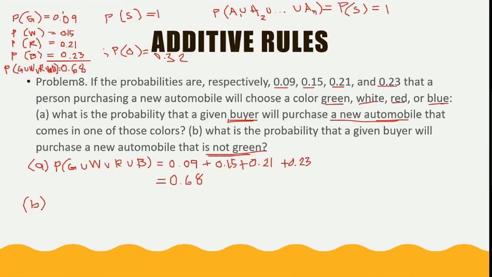Here is the second problem. It says that the buyer will not buy a green one.